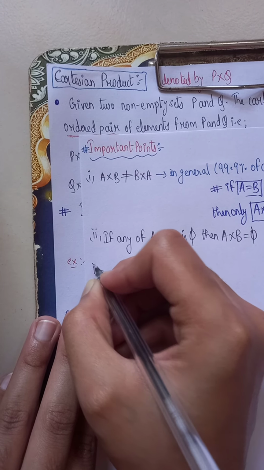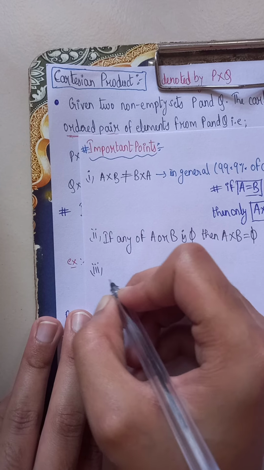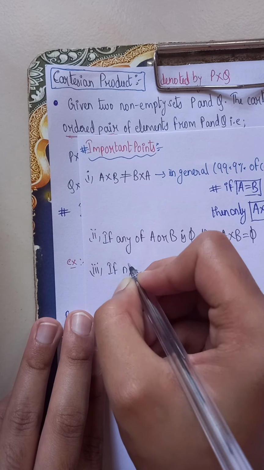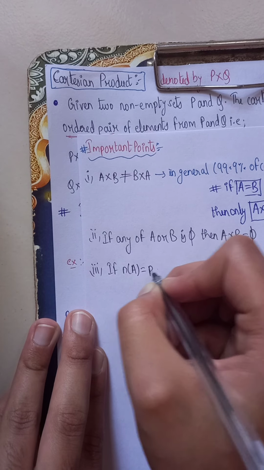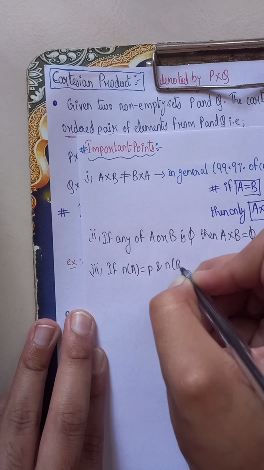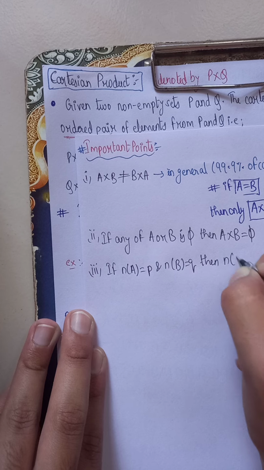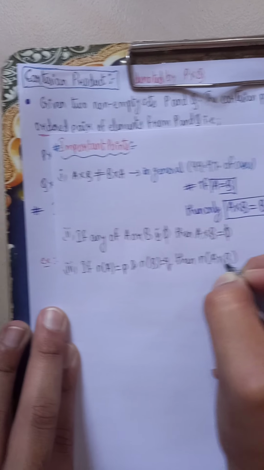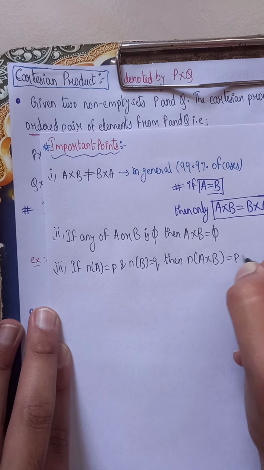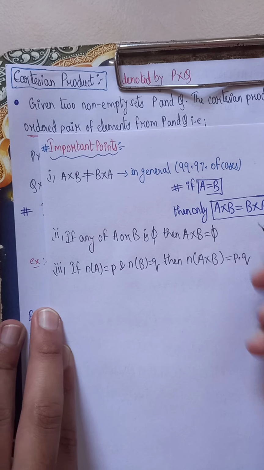Now, third point: if the number of elements in set A is equal to P and the number of elements in set B is equal to Q, then the number of elements in A cross B is equal to P into Q.